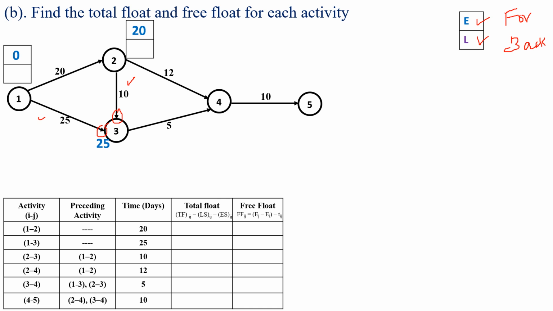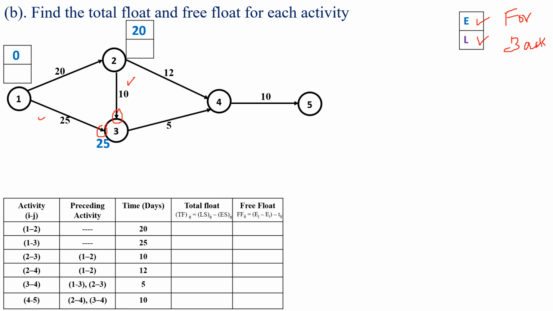So the earliest finish time is the maximum of the activities 1 to 3 and 2 to 3. For the 1 to 3, the earliest finish time is 25.